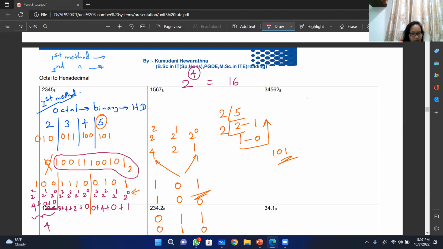Now for each of these parts you have to write down the place values starting from 2 to the power 0, and then add them up. Here 8 plus 4 is 12, plus 2 is 14, and here 4 plus 1 is 5.